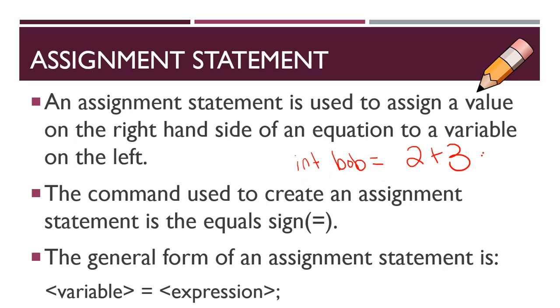This would be an assignment statement. This is my variable that I just made, and this is the expression that I am assigning to Bob. Because the equal sign is an assigning. You're giving it a value. You're not making it equal to that value because that value can change, but we're assigning it that value.